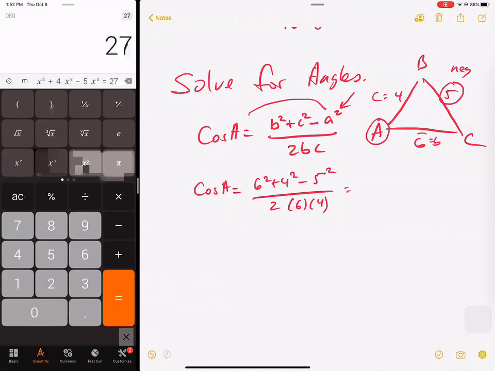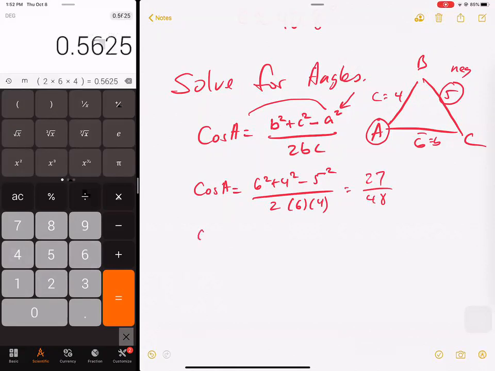On the bottom, 6 times 4 is 24 times 2 is 48. Divided by, parentheses, 2 times 6 times 4, close parentheses. That gave me the 48 I wanted. Equals.